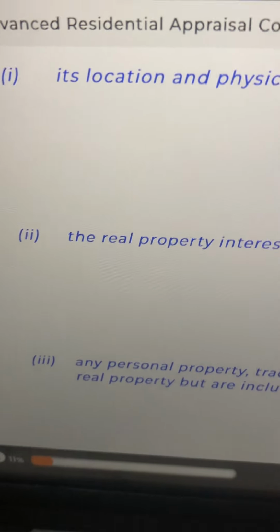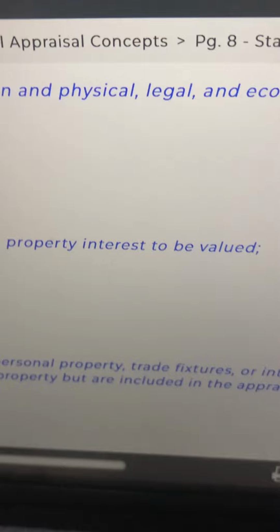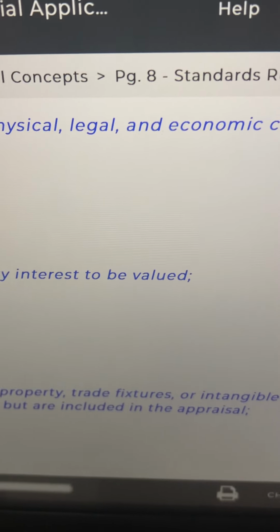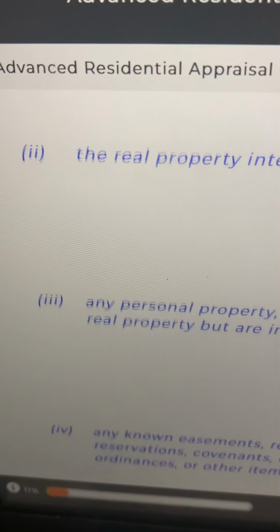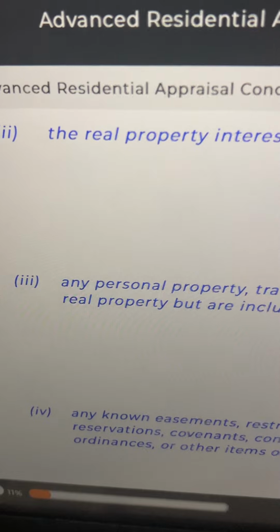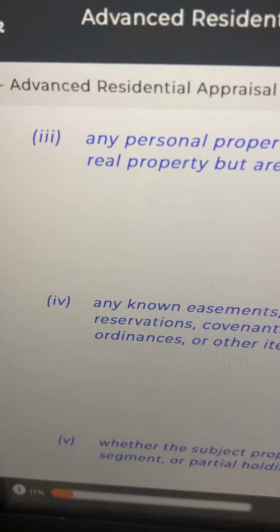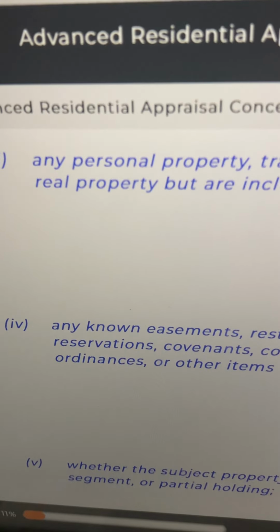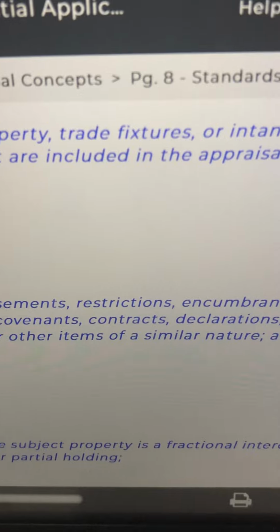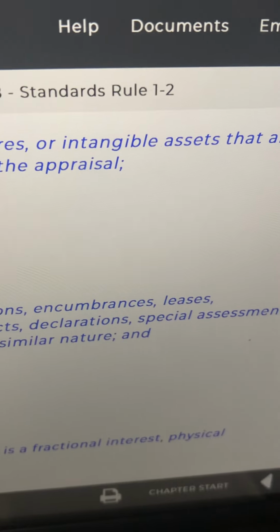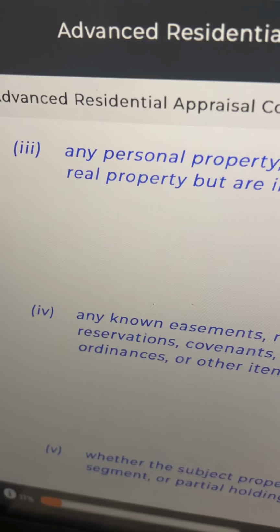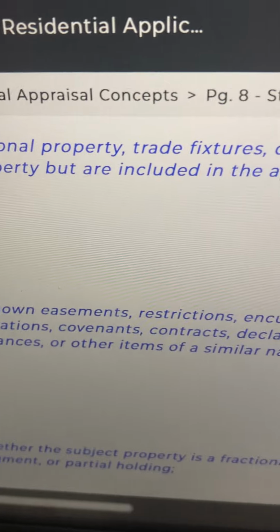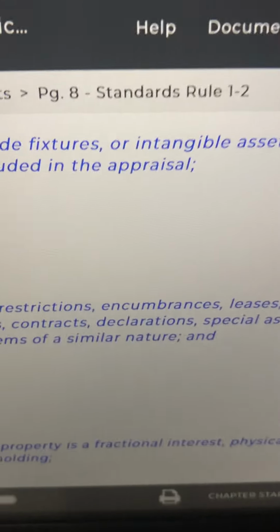Roman numeral 1, its location and physical, legal, and economic characteristics. Roman numeral 2, the real property interest to be valued. Roman numeral 3, any personal property, trade fixtures, or intangible assets that are not real property but are included in the appraisal.